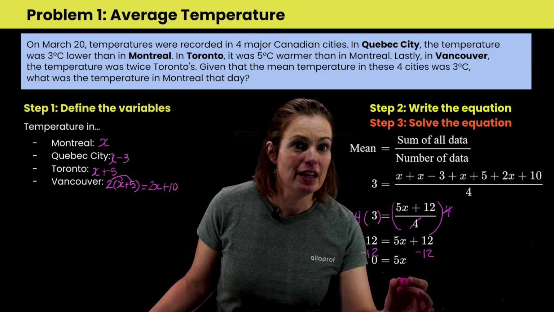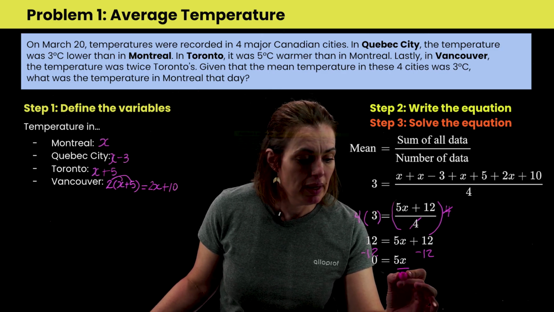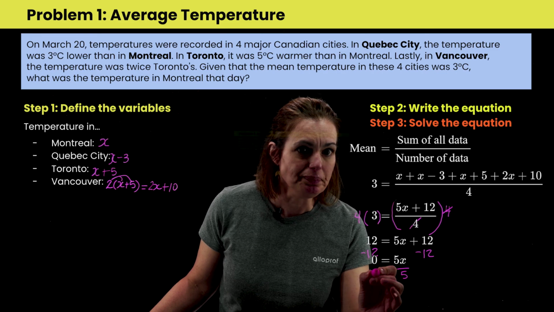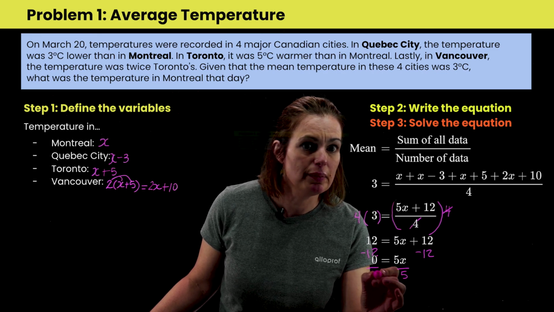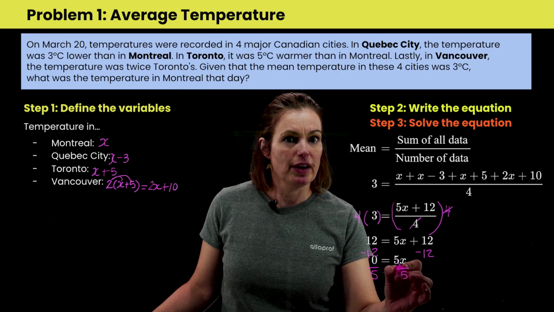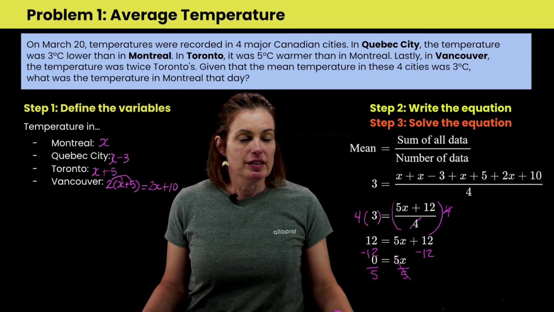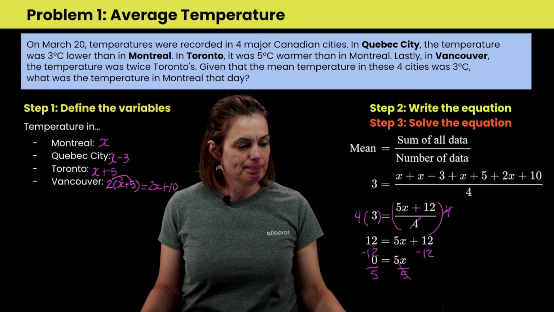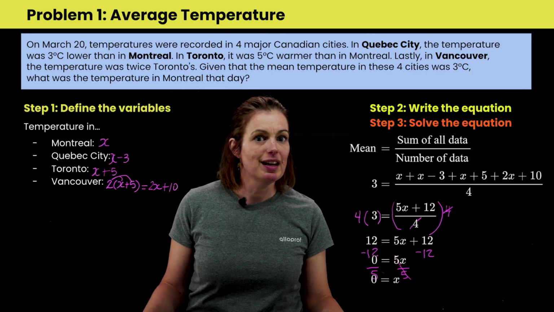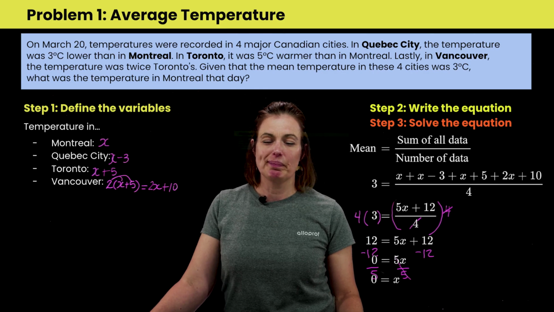I've got to divide by 5. So I'm just going to divide by 5 over here. And I also have to divide my 0 by 5 over here. And my 5s are going to cancel out on that right-hand side. And on the left-hand side, I'm left with the answer, which is x is equal to 0.